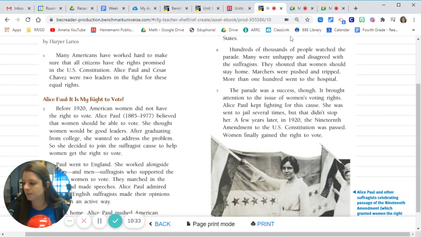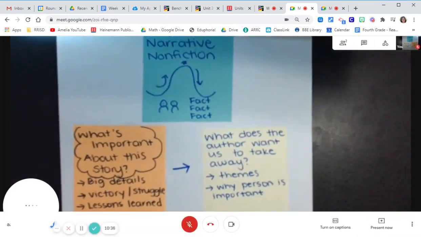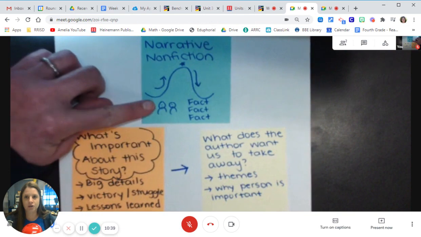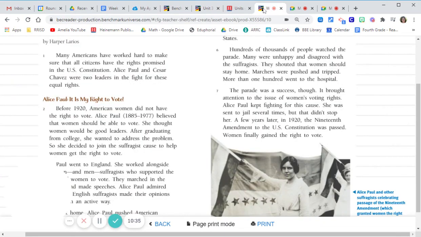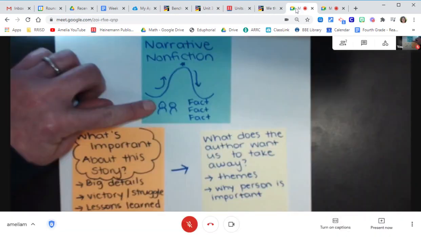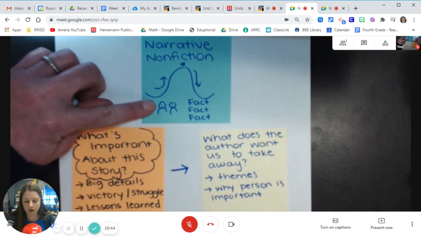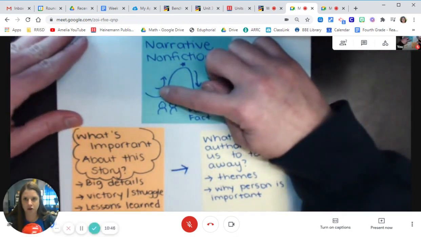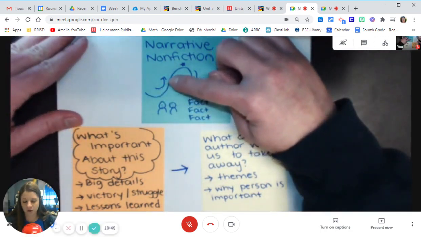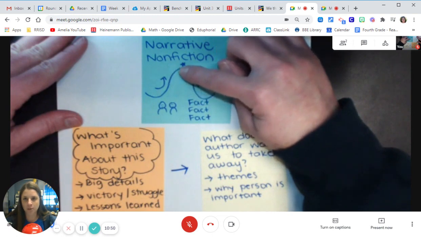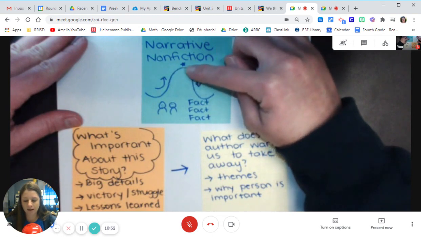So, readers, let's take a look at our charts to help us think about this text. So we were introduced to, we can think about her like a character, Alice Paul. And we followed Alice's journey with fighting for the rights to vote. And we saw that there was a problem starting to happen with people not getting the right to vote and then going to the march.